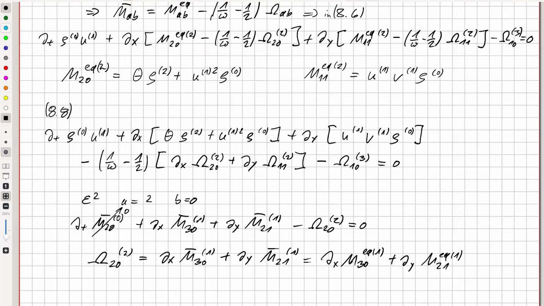Can anybody explain to me why this is equal to the equilibrium now? What is non-equilibrium? We have equilibrium plus omega, right? Equilibrium plus omega would be the non-equilibrium.